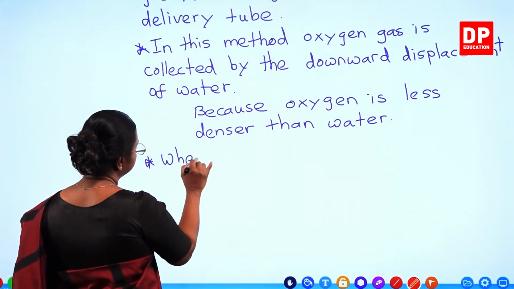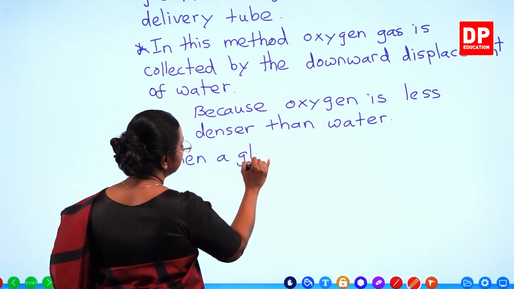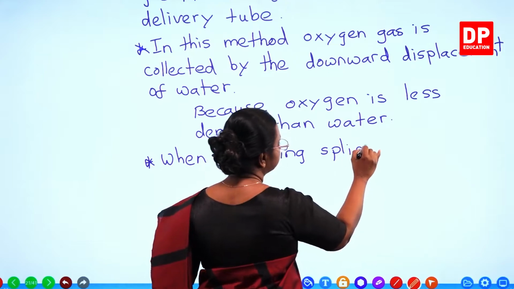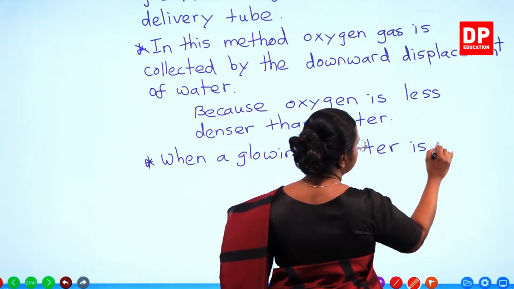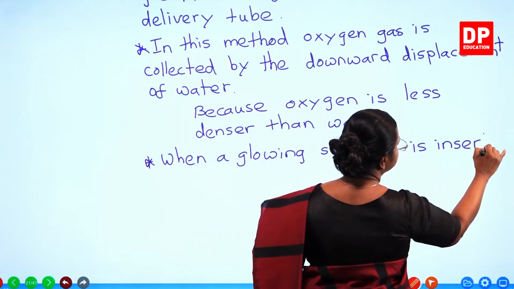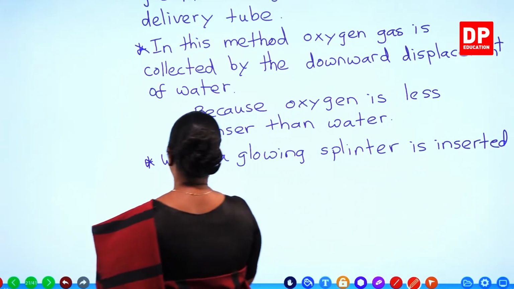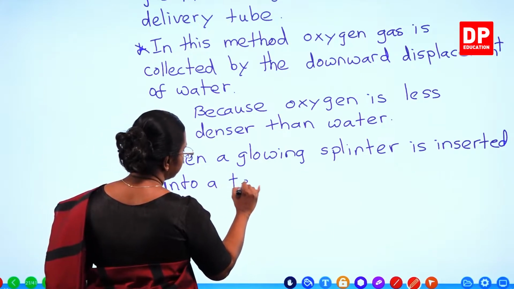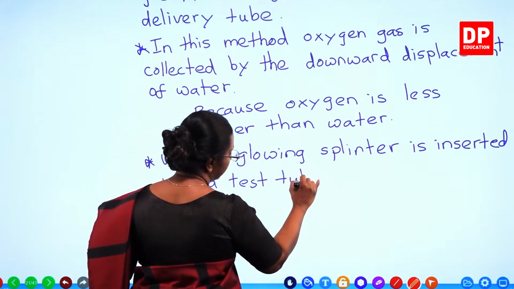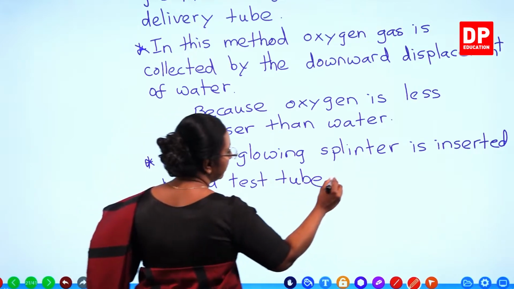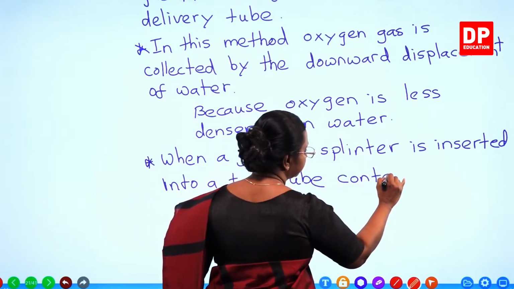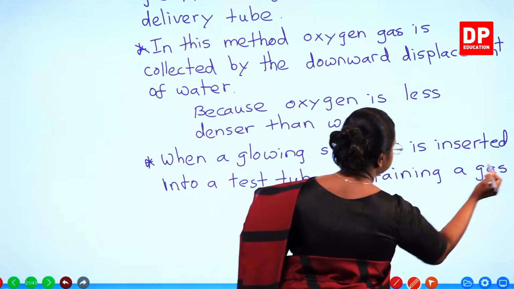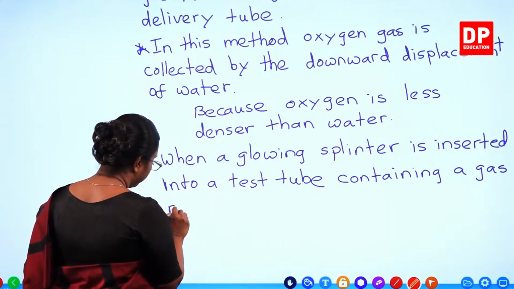when a glowing splinter is inserted into a test tube, it can be a test tube or even the gas jar containing a gas, the gas relights.